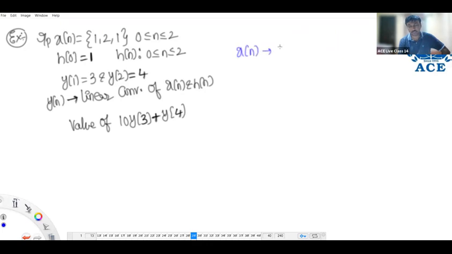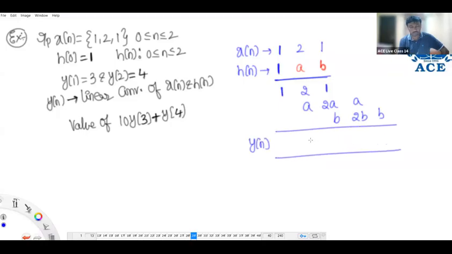x[n] is 1 to 1. For h[n], only the starting sample is known, which is 1. Assume the unknown samples as A, B because it is mentioned in the question. We have 3 samples. The product is 1 to 1: A, 2A, B, 2B.